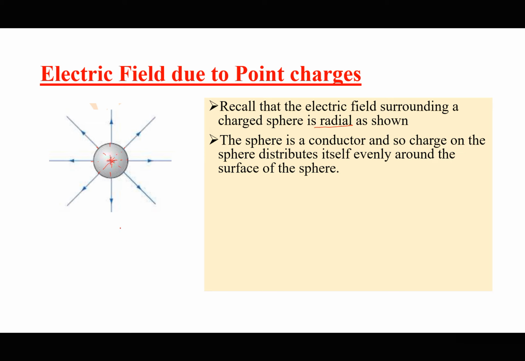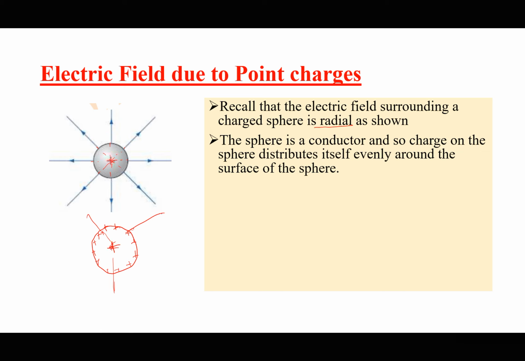If this was a positively charged sphere, the correct way of drawing the charges would be drawing the charged particles just on the surface of the sphere. But because the field lines are radial, as we have seen, they appear as if they are coming from the center of the charge. That's why we normally just put one positive sign at the center.